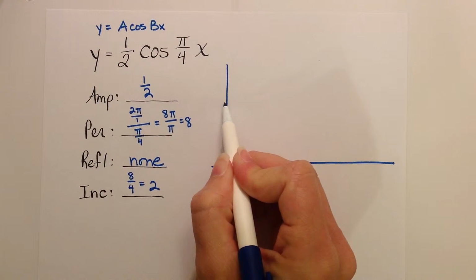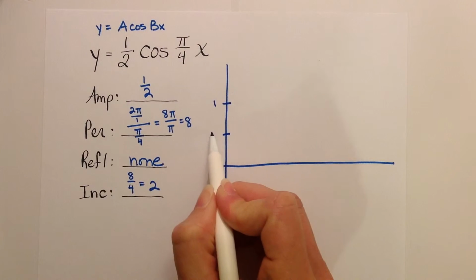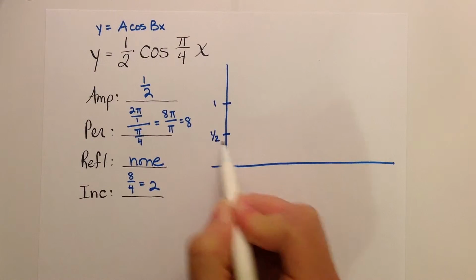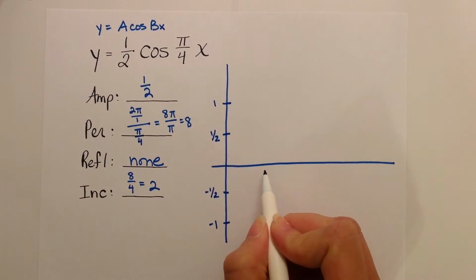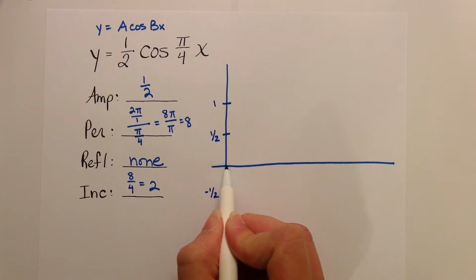and just because it's 1/2 doesn't mean that you have to make it that distance little bitty. You can put the tick marks as far apart as you want to put them. Just make sure that you label all of your tick marks. Now, again, your first tick mark is going to be here at x equals 0.